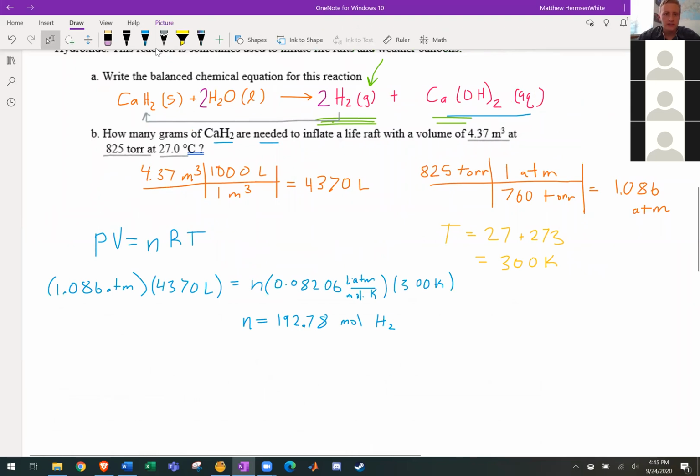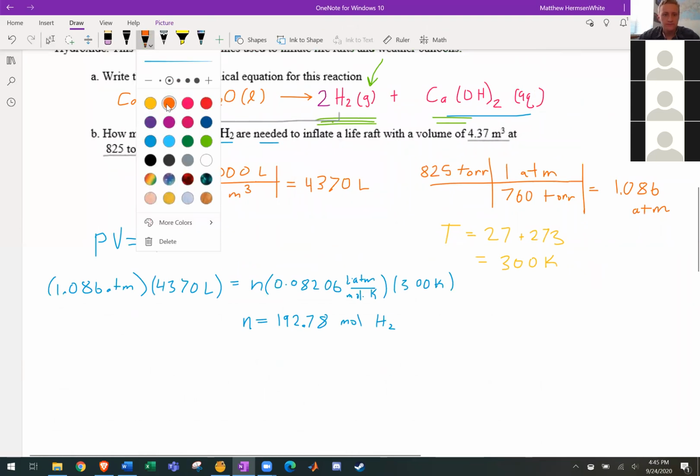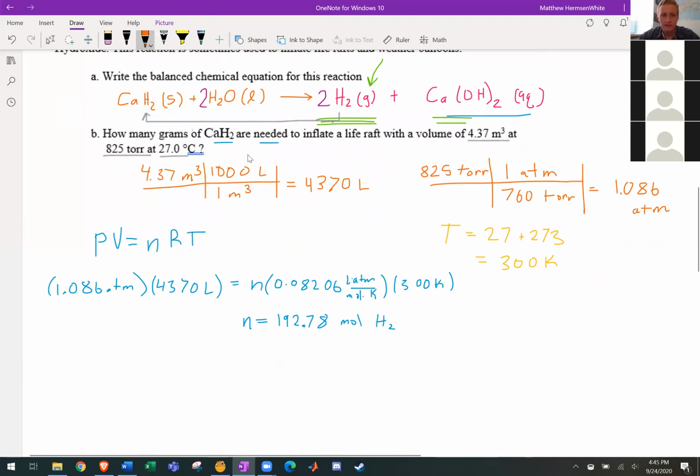So now we want to convert into grams. So we have 192.78 moles of hydrogen gas, and we want to convert to grams of CaH2.